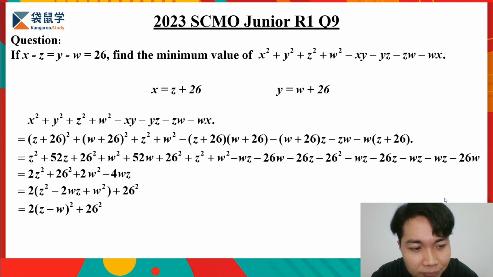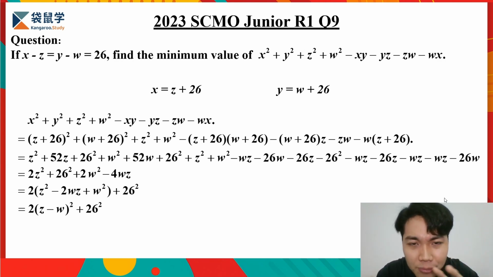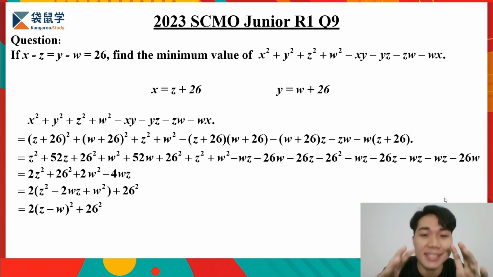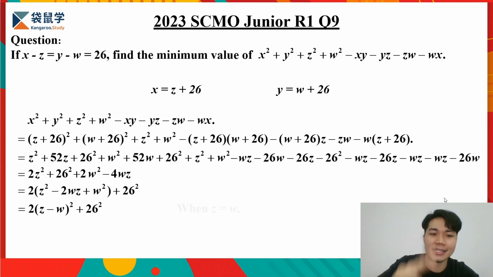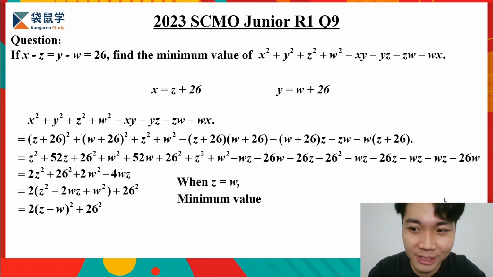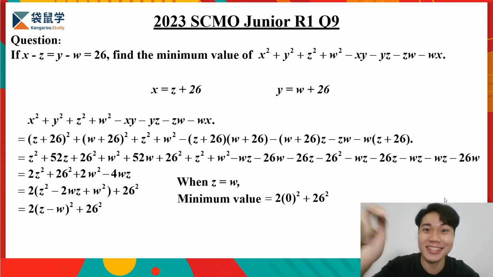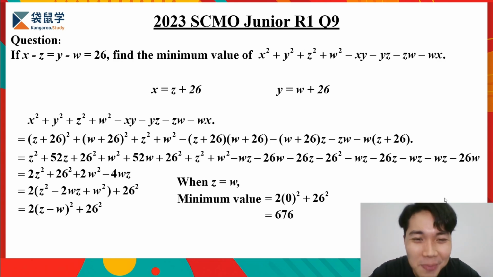And when does that happen? This happens when z and w are the same value, or z is equal to w. So when z is equal to w, the first part is a 0. So the minimum value is simply 0 plus 26 squared, which is simply 676, and we have solved the question.